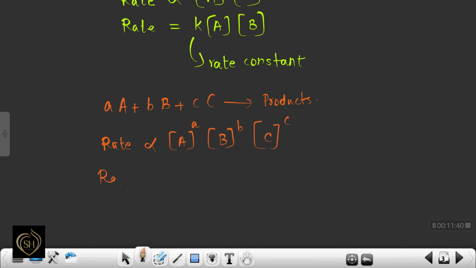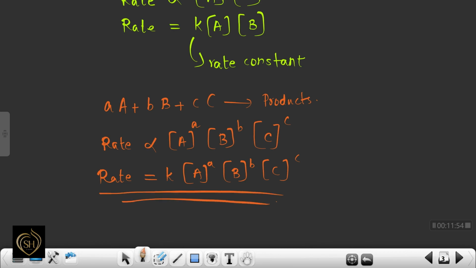Or in order to change that proportionality sign, putting rate constant k, rate is equal to k into concentration of A raised to a into concentration of B raised to b into concentration of C raised to c. This equation shows the law of mass action.